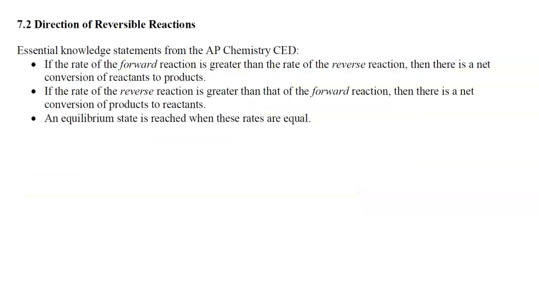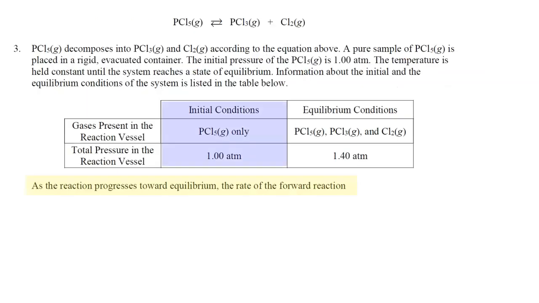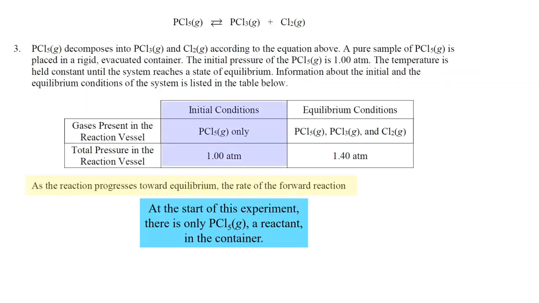So this question falls under topic 7.2, direction of reversible reactions. So we're comparing the rate of the forward reaction with the rate of the reverse reaction, knowing that eventually at equilibrium, those rates are going to be equal. So according to the initial conditions, at the start of this experiment, there is only PCl5, a reactant, in the container.